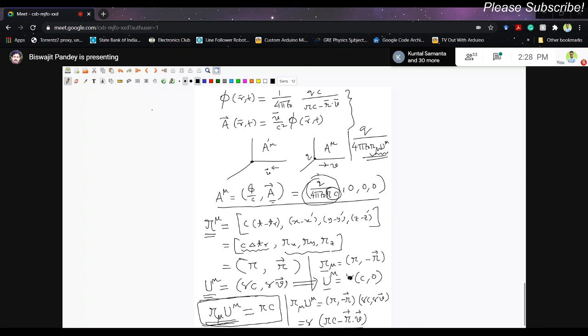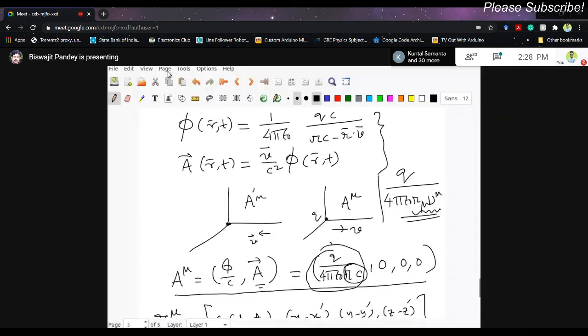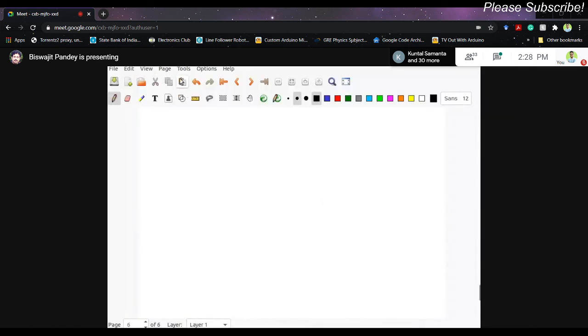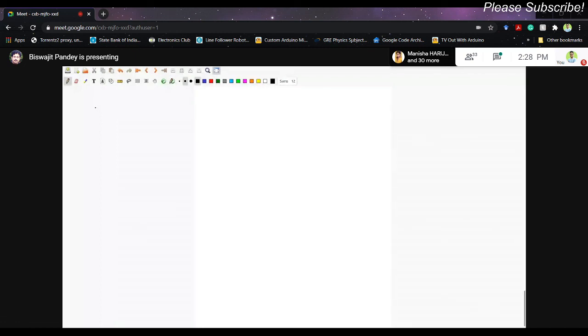then what will be the potentials? If I go to another frame, what will be the potential? I have already drawn the picture. I told you that this is the lab frame, and suppose this is the particle frame. The particle is moving with velocity v along this direction. We wrote the expression for a mu. We want to calculate a mu prime in the lab frame.